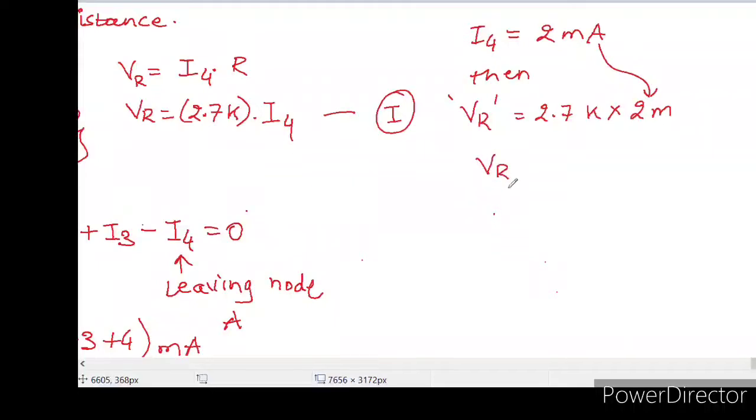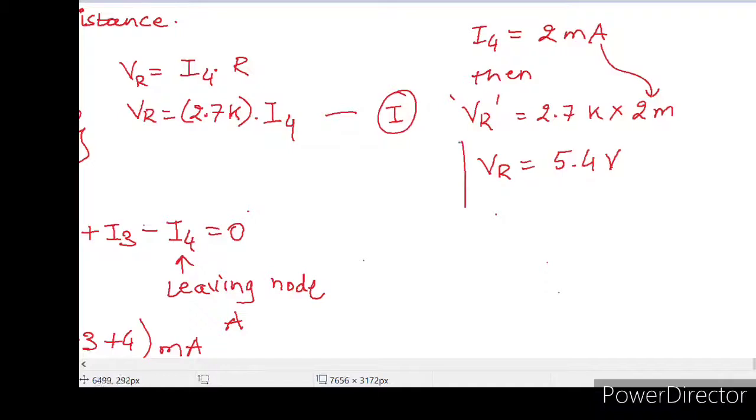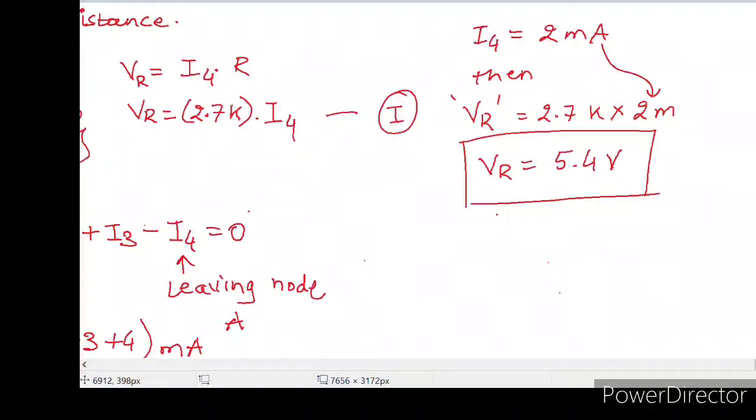Therefore, VR is equal to 5.4 volts. This is the voltage across the 2.7 kilo ohm resistor.